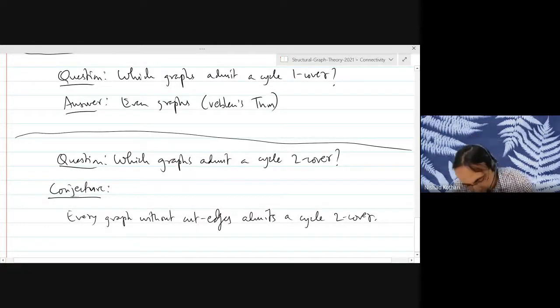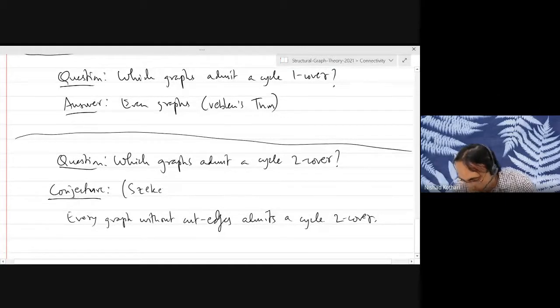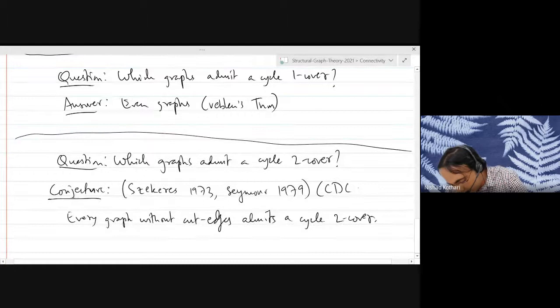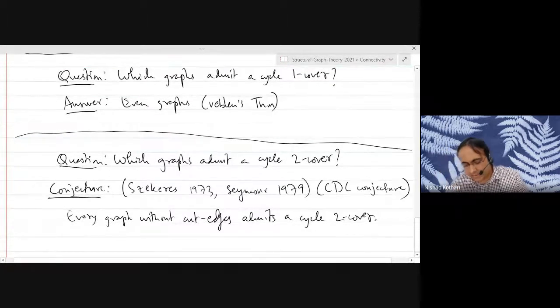This conjecture is due to two people independently, Szekeres in 1973 and Seymour in 1979. They both conjectured this independently. And more popularly, it is called the cycle double cover conjecture. I'm calling it a cycle 2 cover just to be consistent with our terminology, but it's generally called the cycle double cover conjecture.